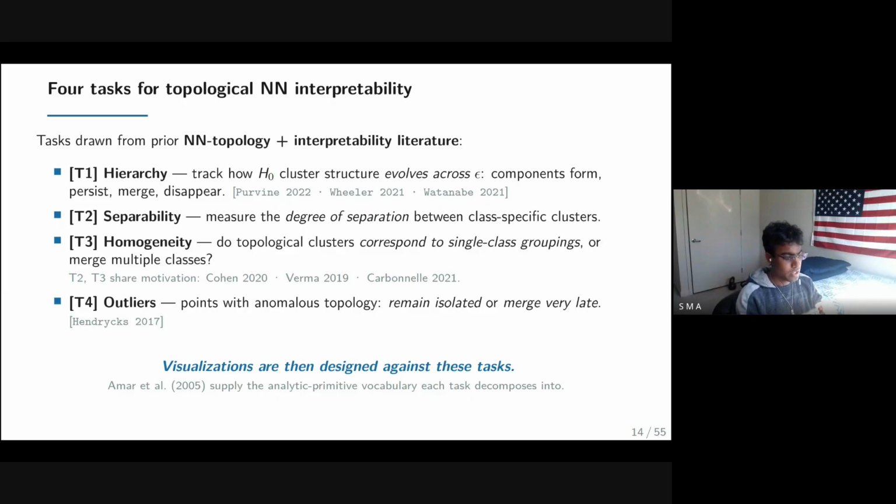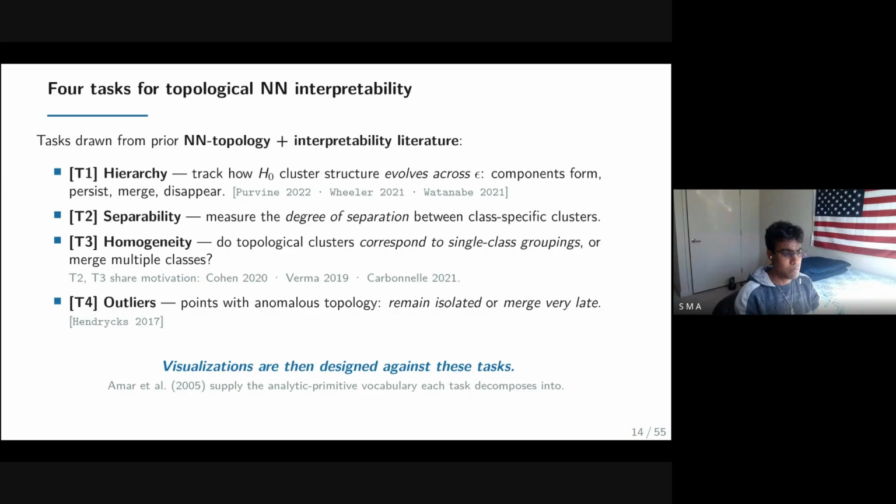And the homogeneity is how these groupings occur. Are cats and dogs close to each other in the latent space, or horses and zebras, or are they merged together? Do they overlap and whatnot? And the outliers are the anomalous points which might appear out of nowhere.